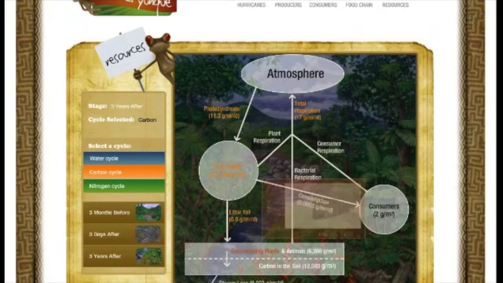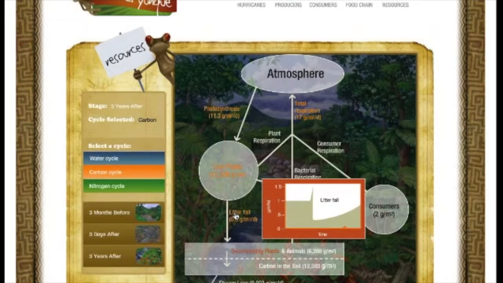And by mousing over the highlighted parts, you can actually see a graph of how something like litterfall changes over time. You can see that at the time of the hurricane, there's a huge spike in litterfall, obviously because all of the leaves and things fell to the ground.